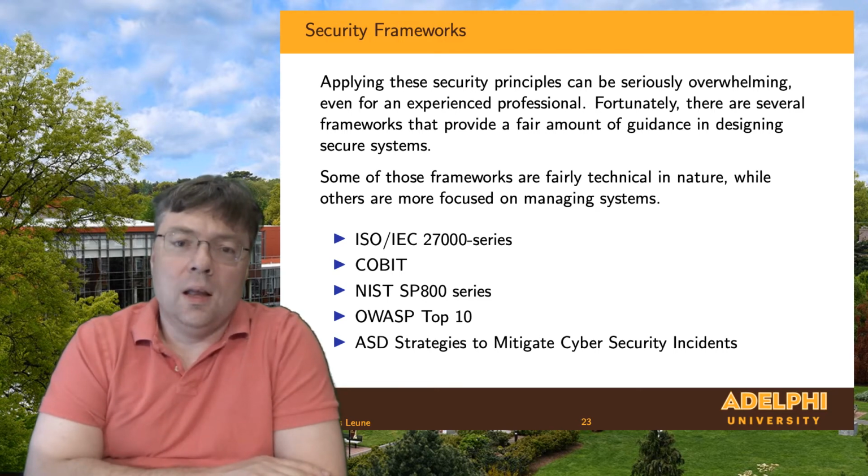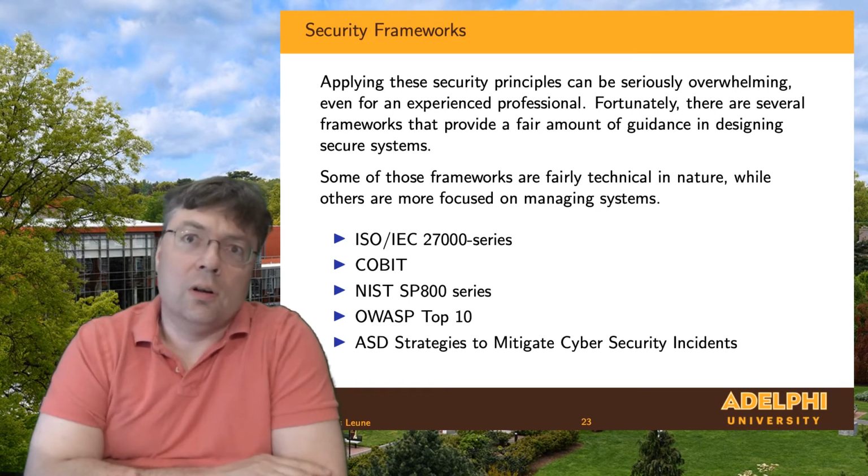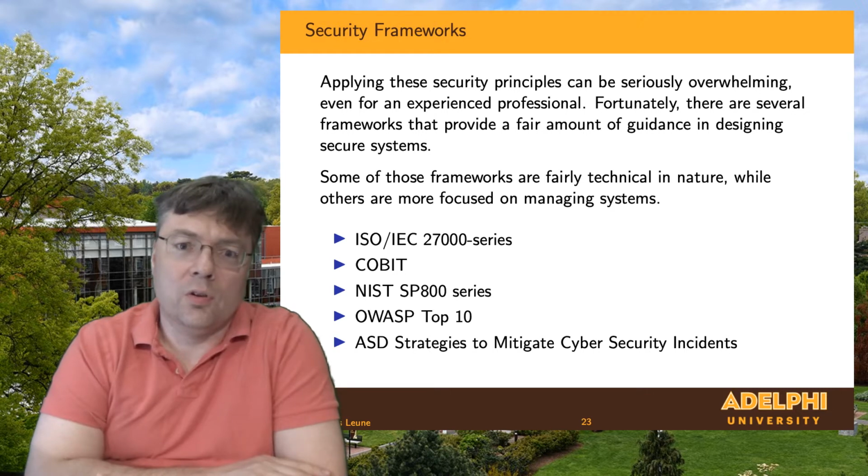COBIT isn't really a security framework. It's more an IT delivery framework, but with that in mind, IT cares about security, or at least IT should care about security. So if we're managing IT to the best of our efforts, hopefully that leads to secure and well-managed systems also. So it's worth taking a look at COBIT as well.